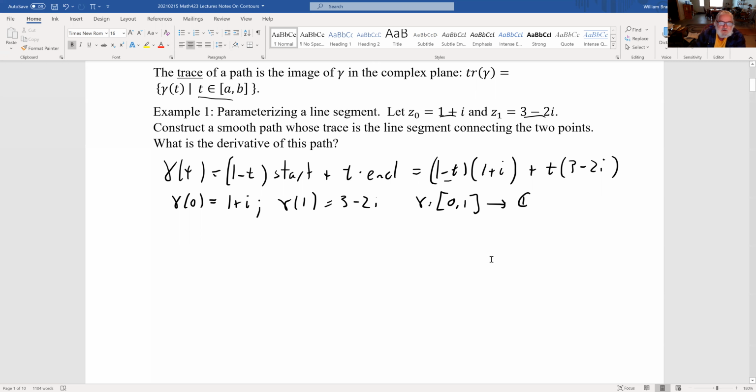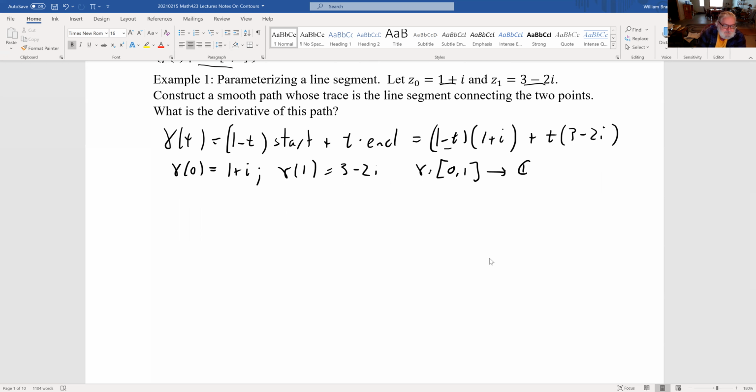So what does our path look like? 1 plus i is a point about here, and then 3 minus 2i, 1, 2, 3, 1, 2 is over here. And so the trace is the line segment, right?